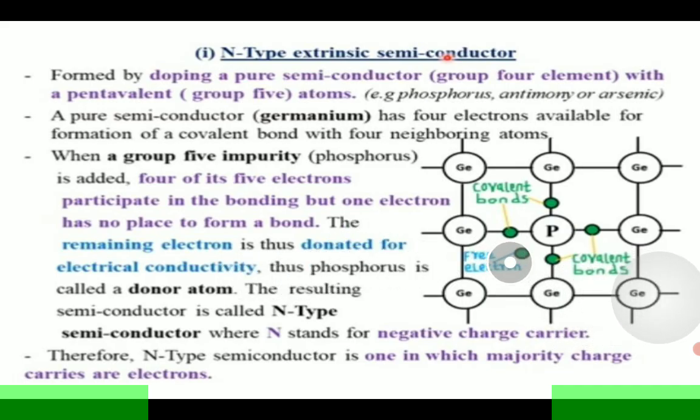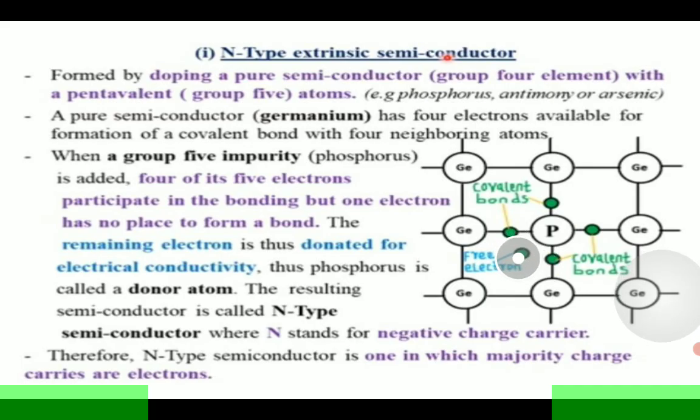So this electron which is not bonded is going to be free, is going to be available for conductivity. So in this case, phosphorus is considered to be a donor atom. It is donating its electron for conductivity. The first 4 electrons are fully bonded to germanium atoms, and the 5th electron remains unbonded.